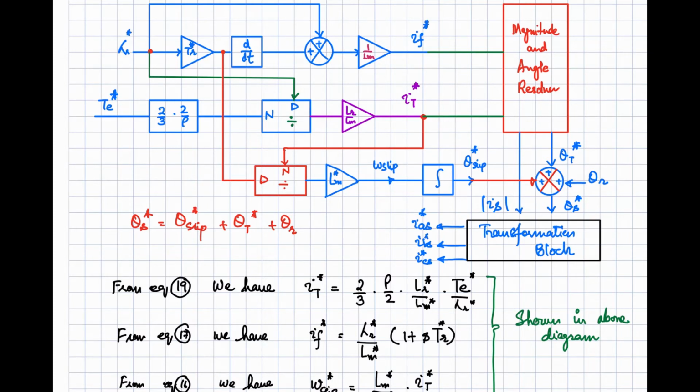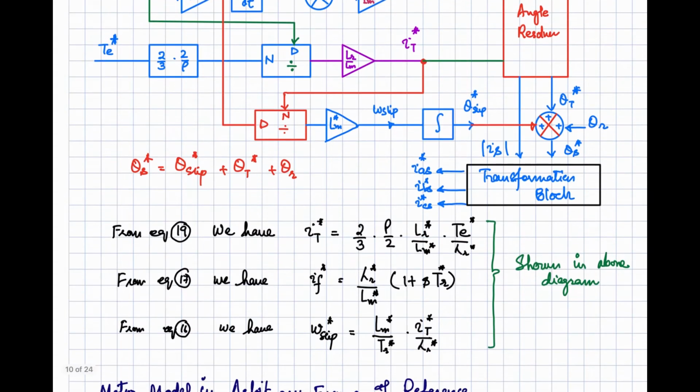The equations which are used to implement this block diagram are shown over here. For the calculation of the IT, the torque component of the current, this equation is used. For the field component of the stator current, this equation is used, and to calculate the slip speed, this equation is used.